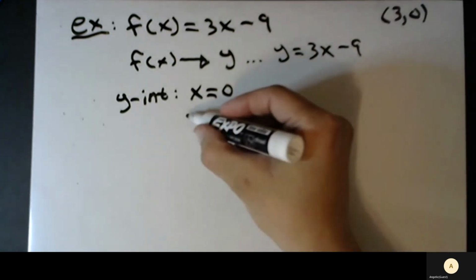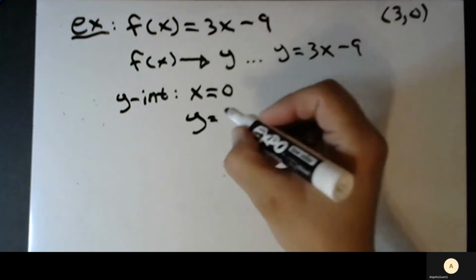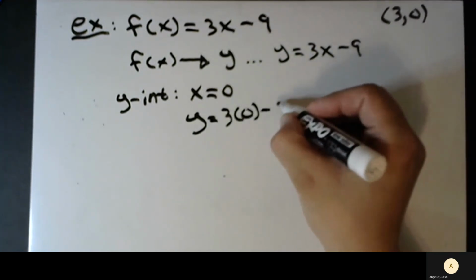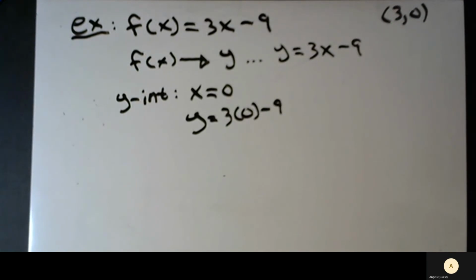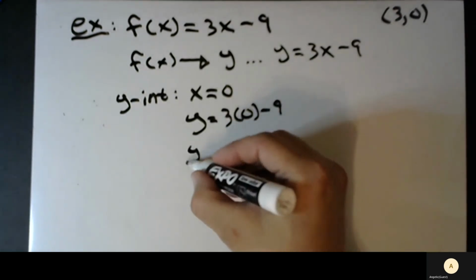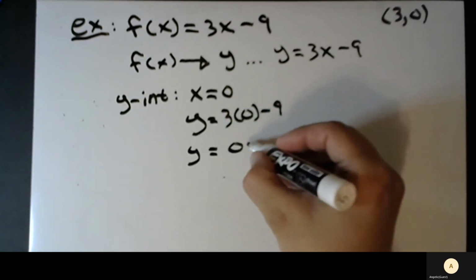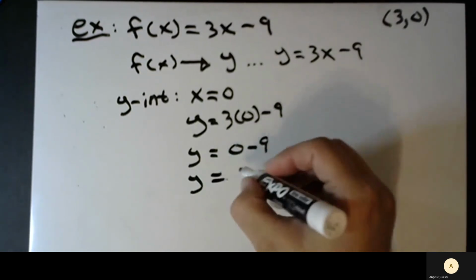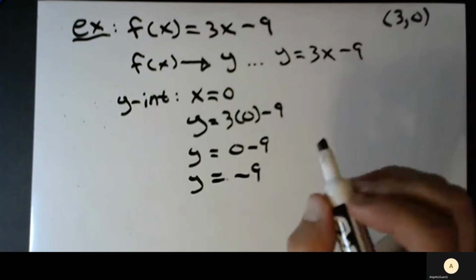So what that means is that if x is 0, y will be 3 times 0 minus 9, or y equals 0 minus 9, or y equals -9.